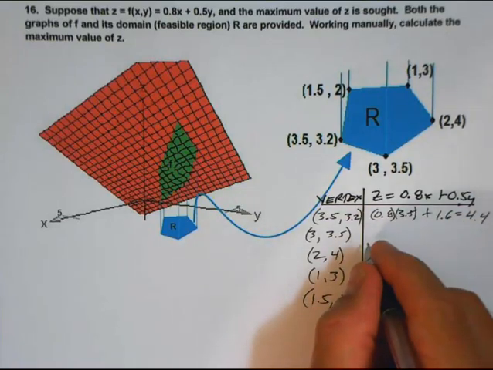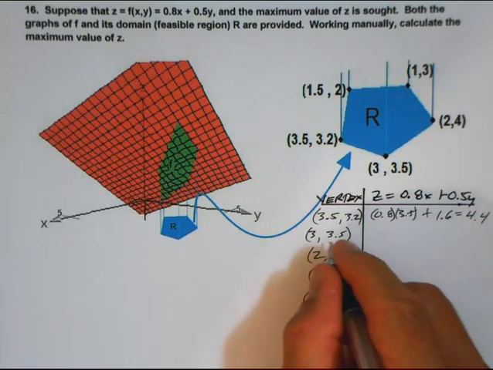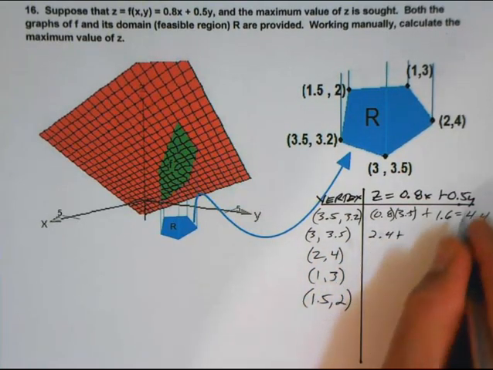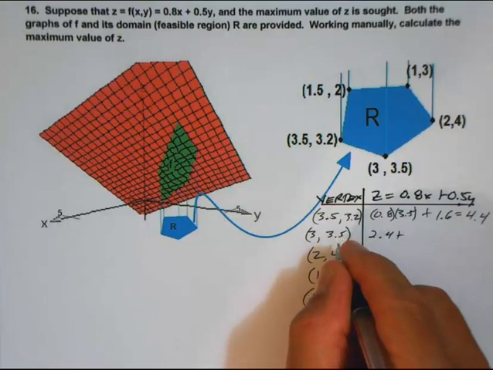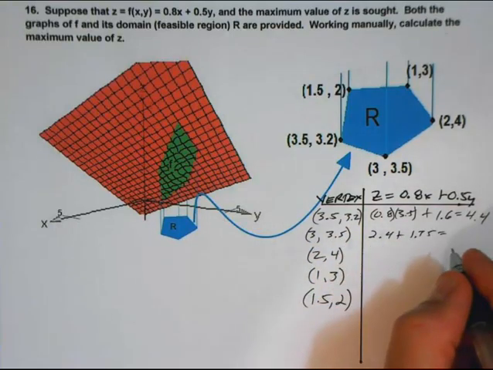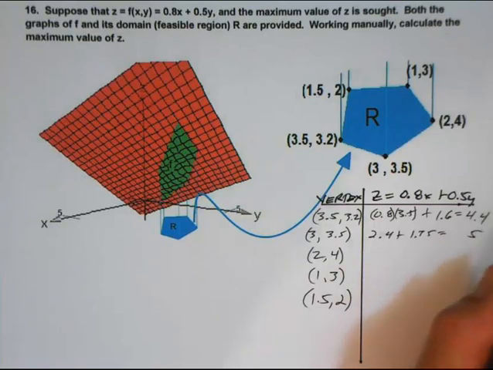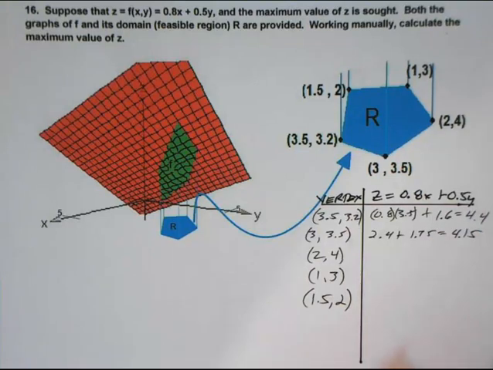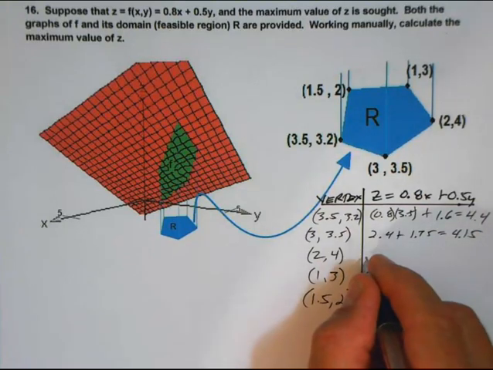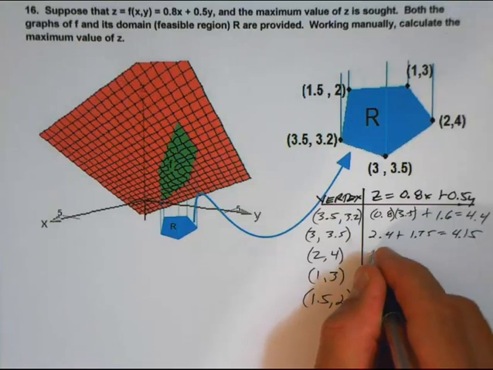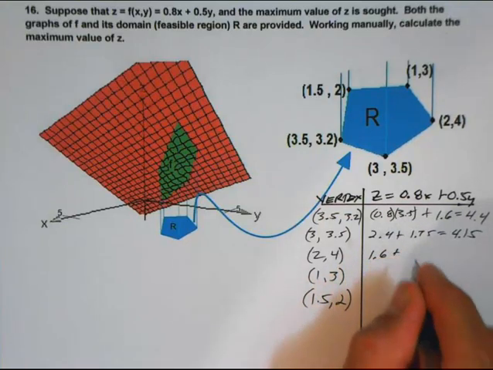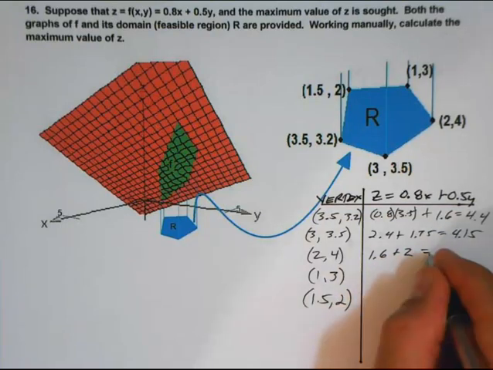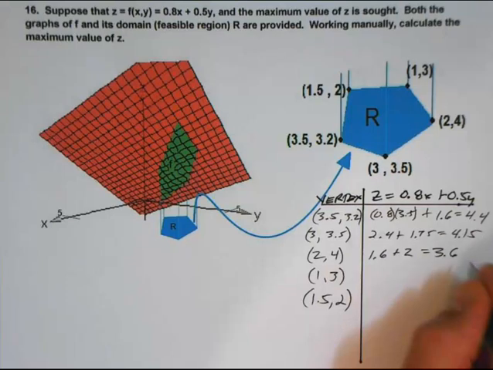Next vertex: 0.8 times 3 is 2.4, plus 0.5 times 3.5, half of 3.5, is 1.75. Adding these up, we get 4.15. Next, 2, 4: 0.8 times 2 is 1.6, plus 0.5 of 4 is 2. Sum together, 3.6.